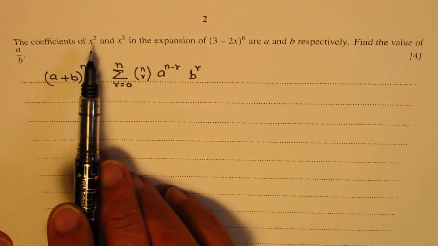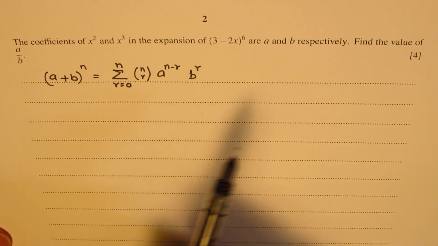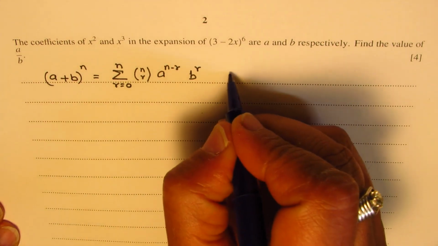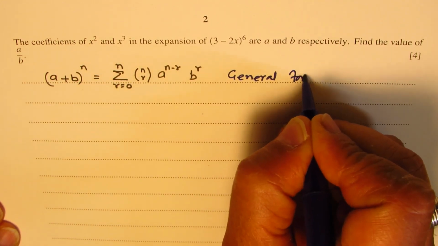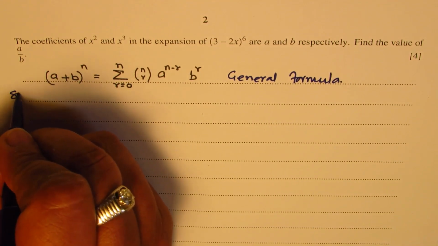The coefficients of x squared and x cubed in this expansion are a and b. So that is the general formula. Let me write down here a general formula, which we are going to use. Now, let's look into the solution.